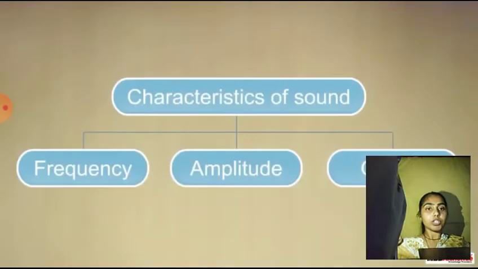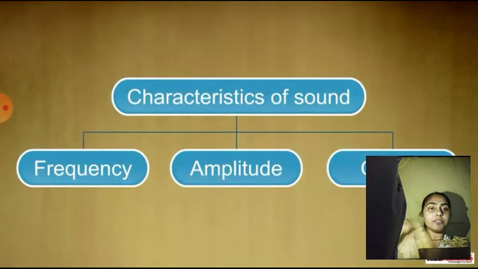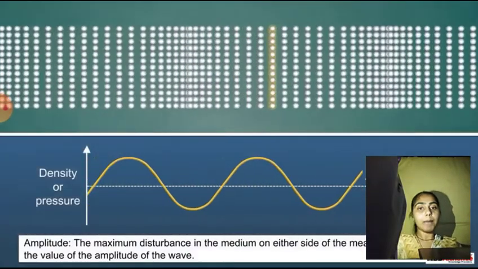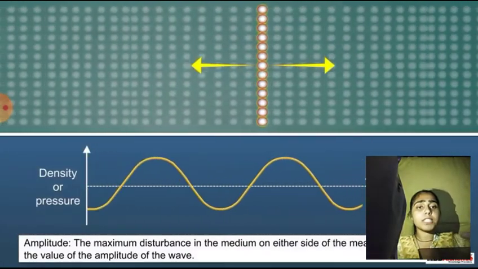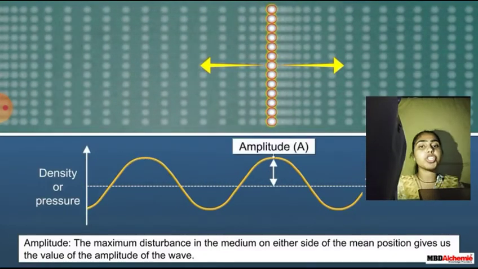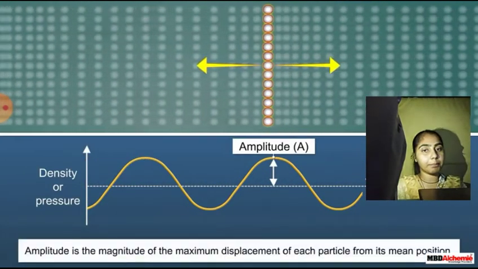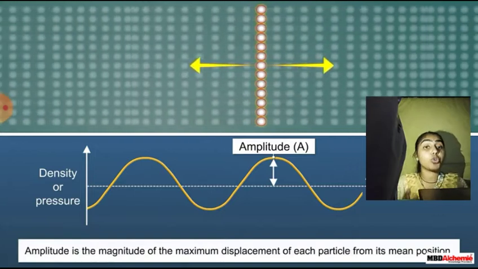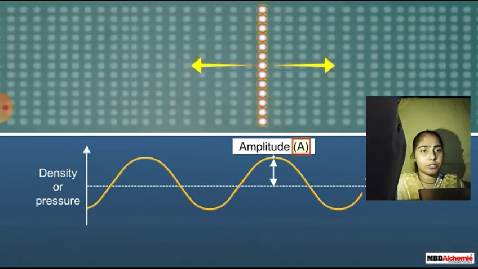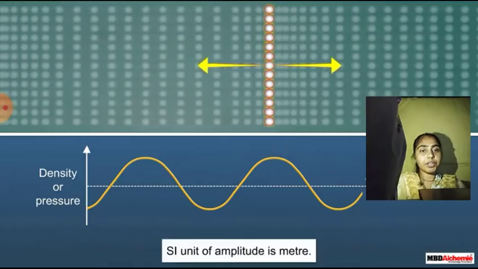Second, we have to discuss amplitude. Amplitude is the maximum disturbance in the medium on either side of the mean position. Amplitude is the magnitude of the maximum displacement of the particles from their mean positions. You can see this in the graph also.